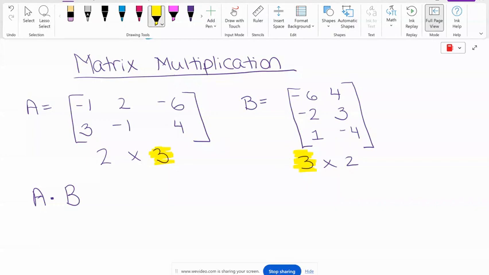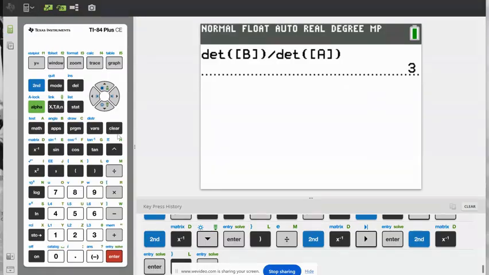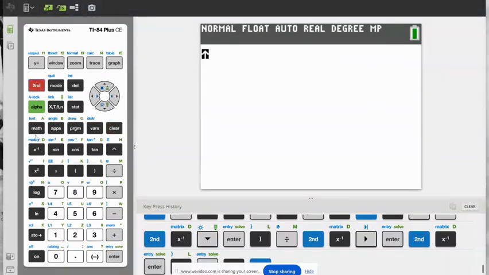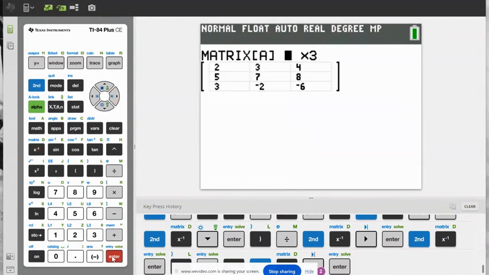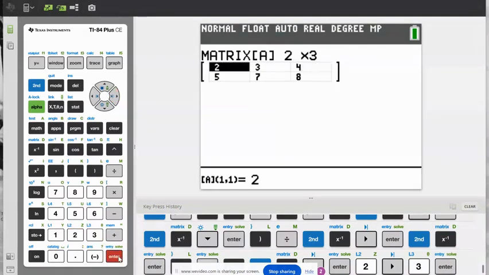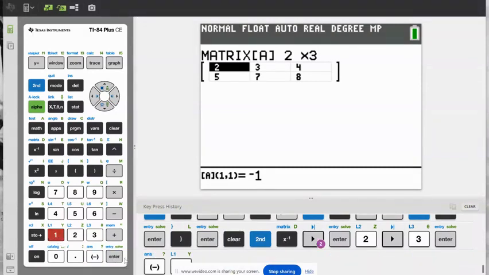So let's go ahead and enter these two matrices into our calculator. So we're going to go to second matrix. I'm going to scroll to edit. I'm editing matrix choice 1. We had, what was it, 2 by 3? And now I enter in my elements.